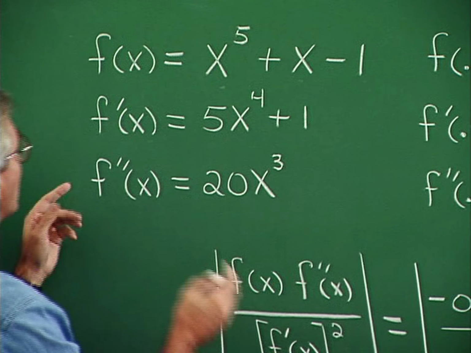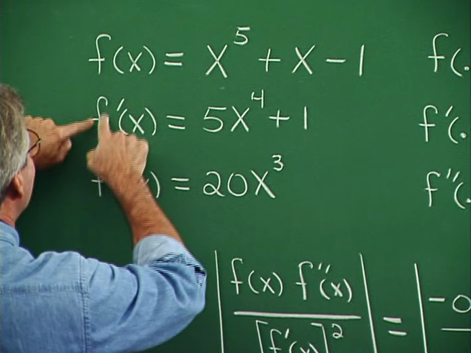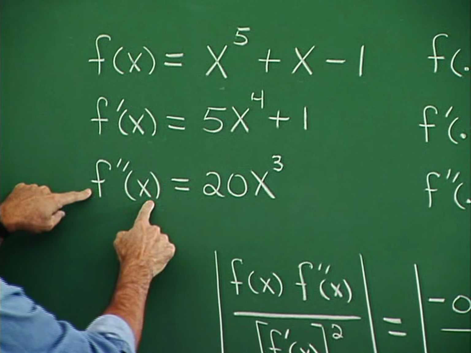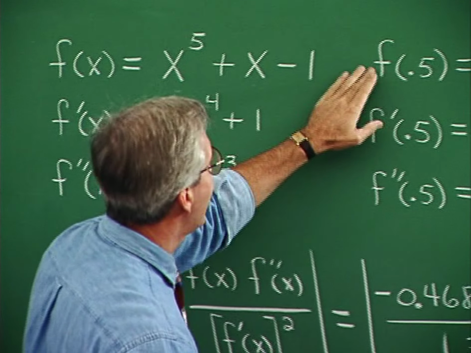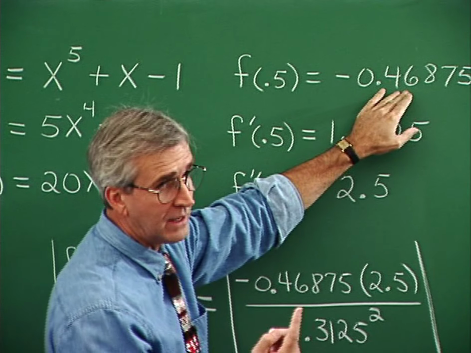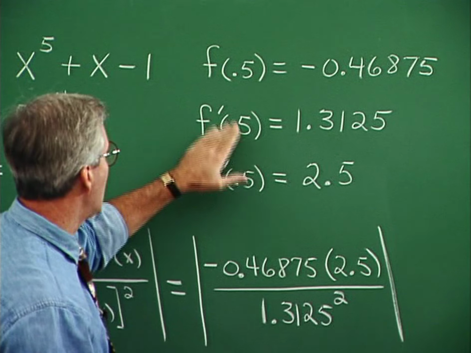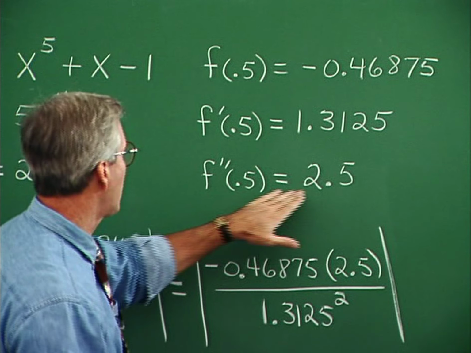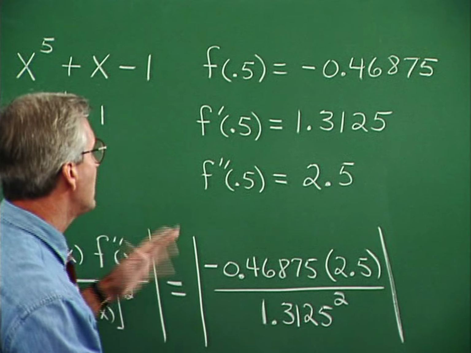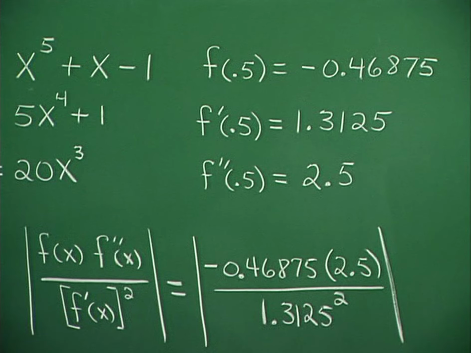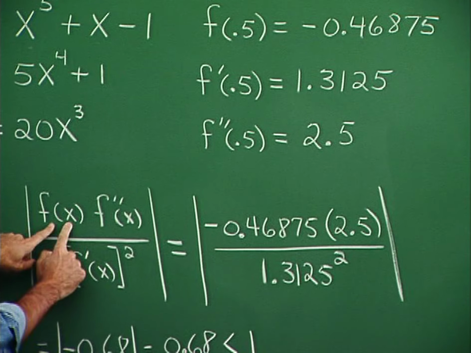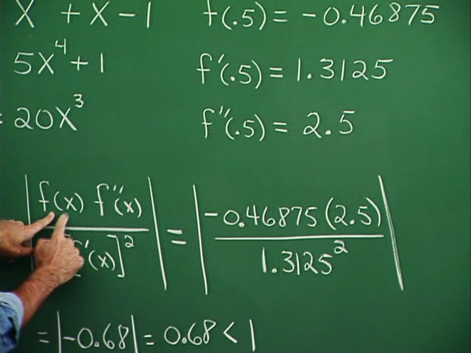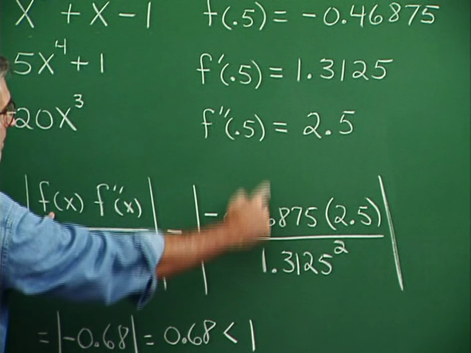So we need to calculate f of 0.5, f prime of 0.5, f double prime of 0.5, and I've done that over here. f prime of 0.5 is this. We made the calculation earlier, actually. f double prime of 0.5 is 2.5. And then we just plug into that quotient. We write the quotient down. f of x for an x of 0.5 turns out to be this from up there.